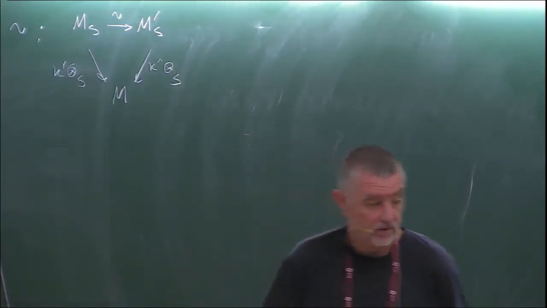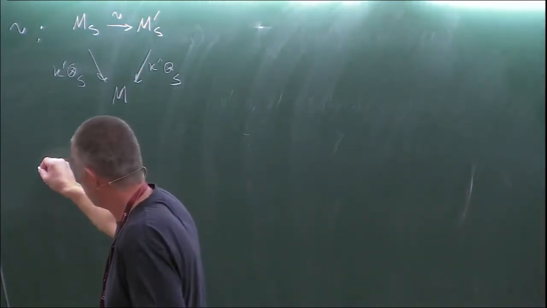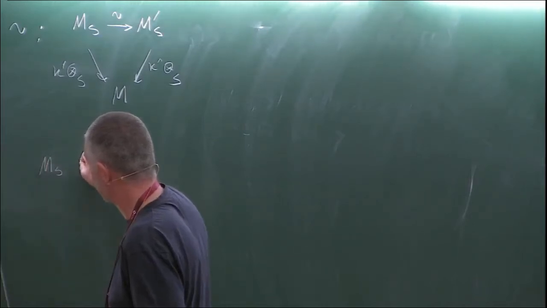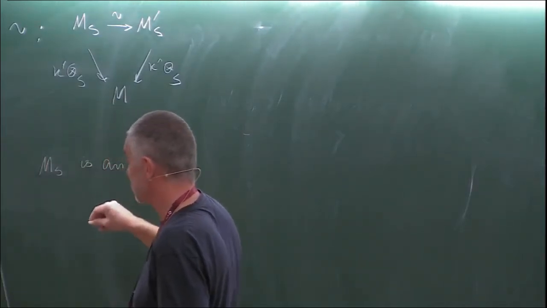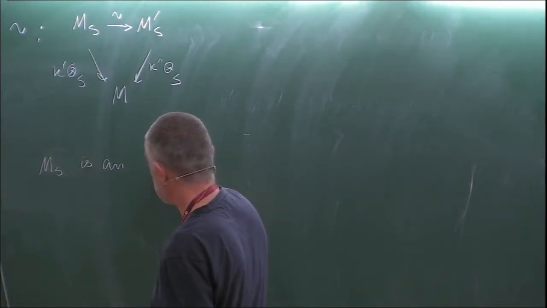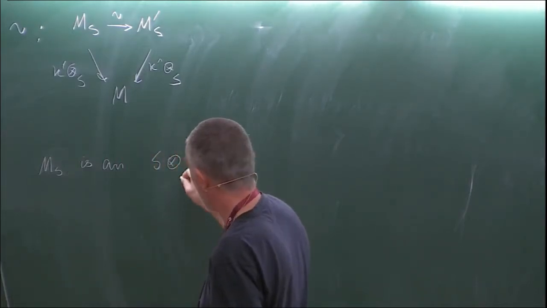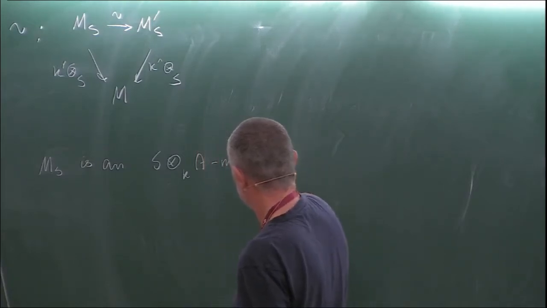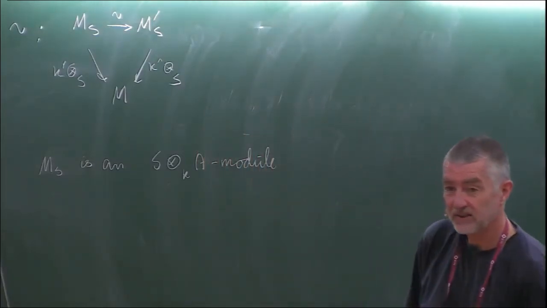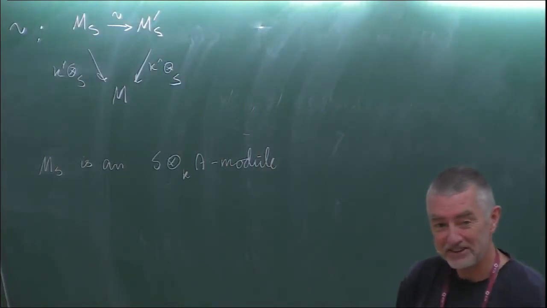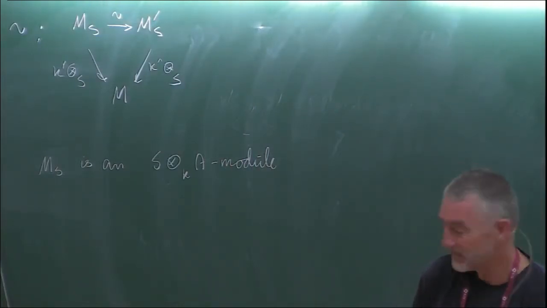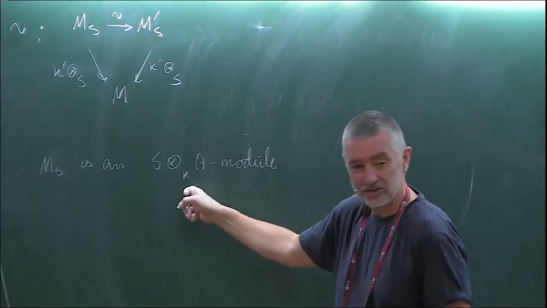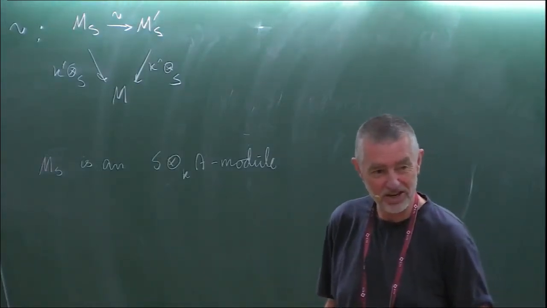So let me use the last two minutes to say that M_S is an S tensor over K A module. And this is always very scary. Have I chosen the right one? Shouldn't it be K^r? It is always a bit shaky.